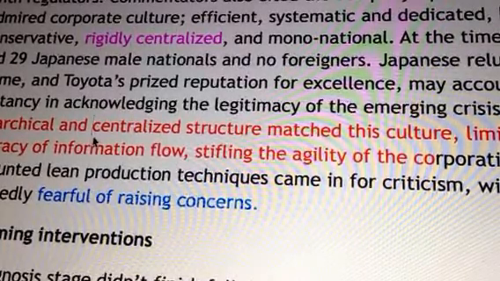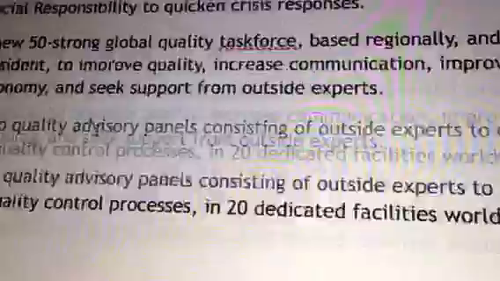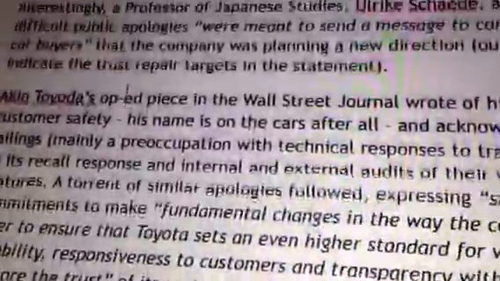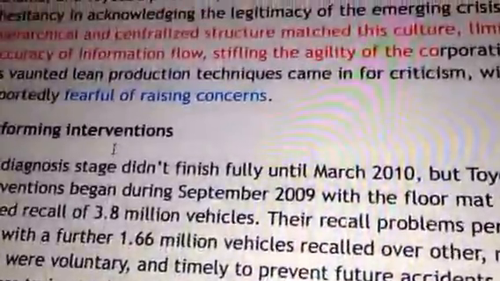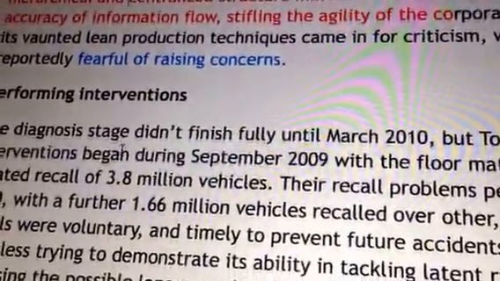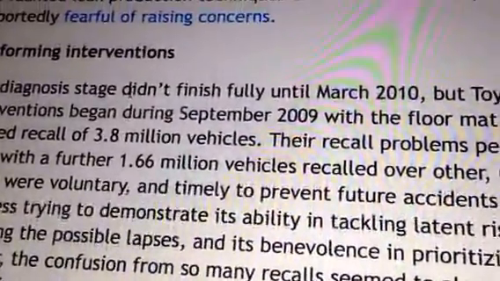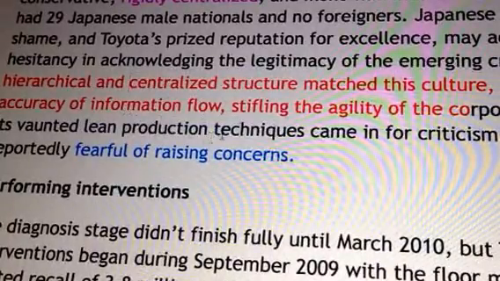Because Mr. Akio Toyoda in Japan, the owner of Toyota, didn't make the change fast, Toyota suffered a lot of consequences because of very low communications.